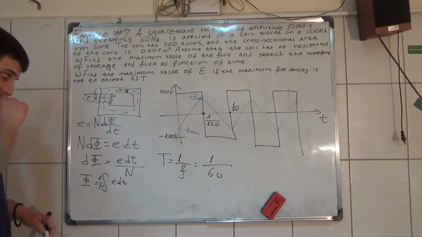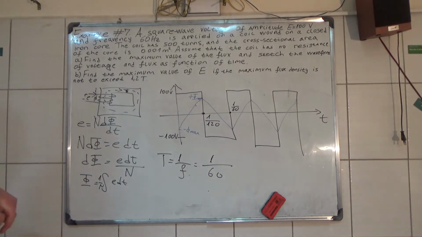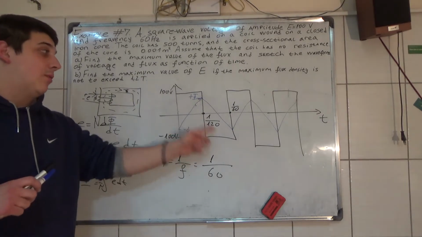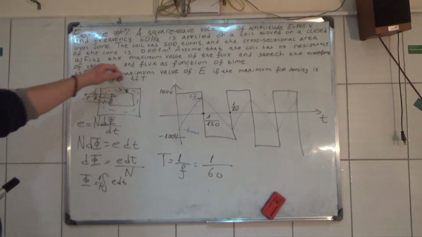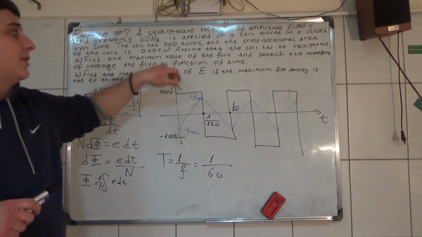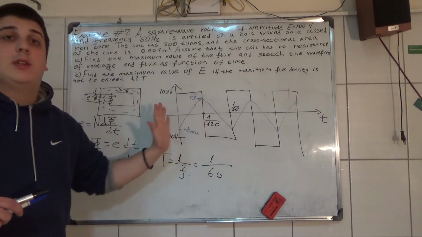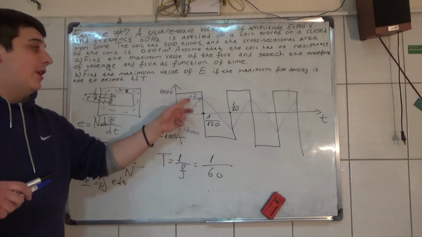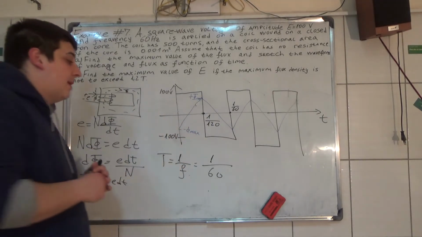Now we have to calculate what this flux maximum is. It says find the maximum value of the flux and sketch the waveform of voltage and flux as a function of time. We sketched the waveform, but we don't know yet what this flux maximum is.